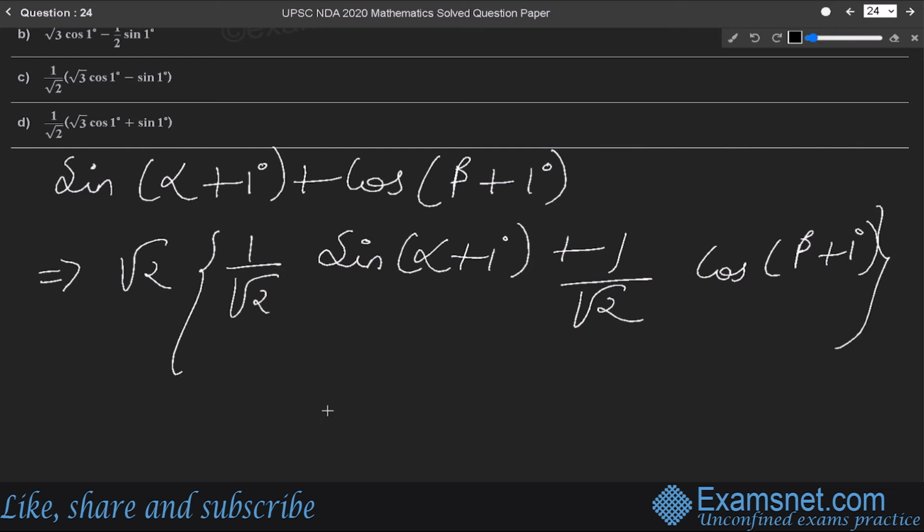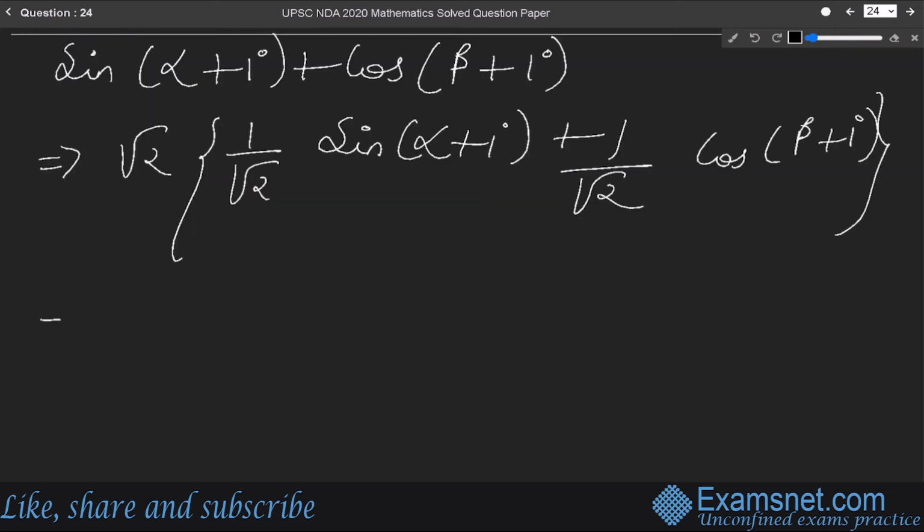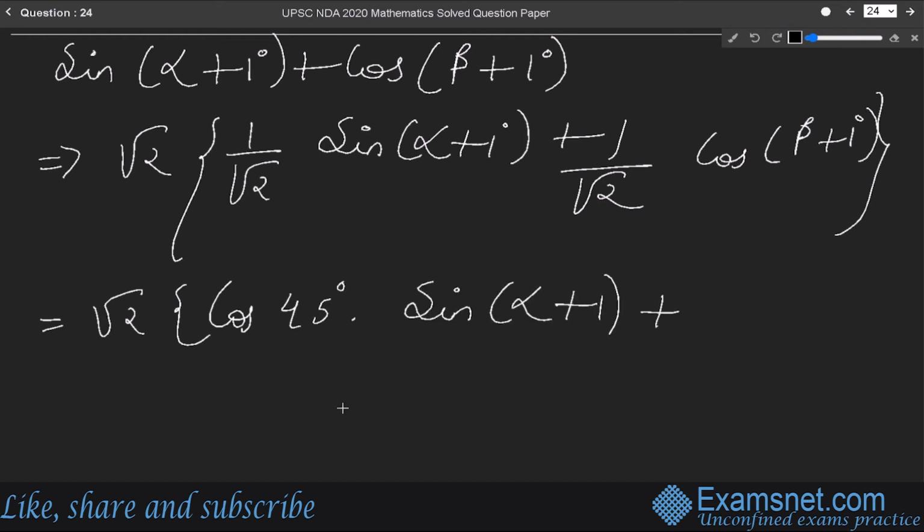It is same as the first part. So further solving, it will be root 2 into cos 45 into sine alpha plus 1 plus sine 45 into cos beta plus 1. See, it is the same steps.